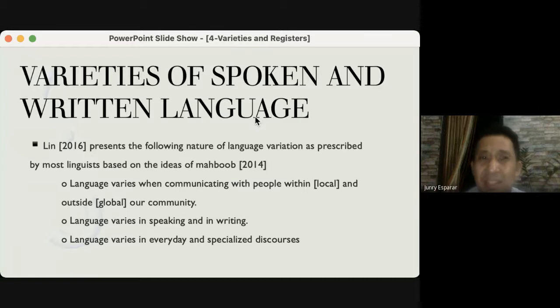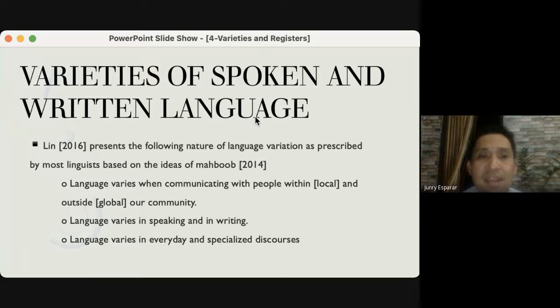So that's a big problem. That's why when we speak, our language is different from when we are writing. And usually for writing, as I mentioned earlier, it should be concise, it should be precise, devoid of flowery words, because we want to communicate the message directly.